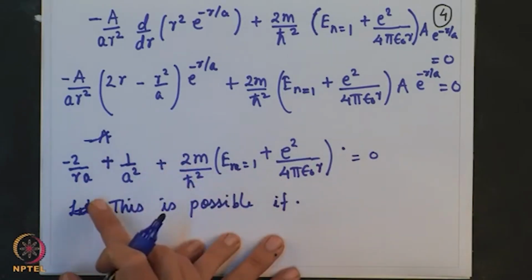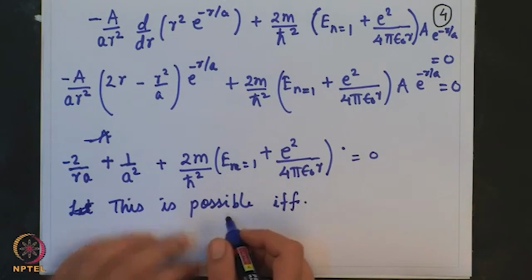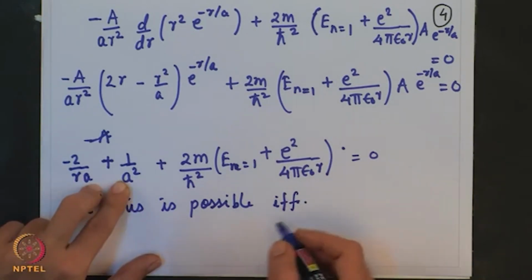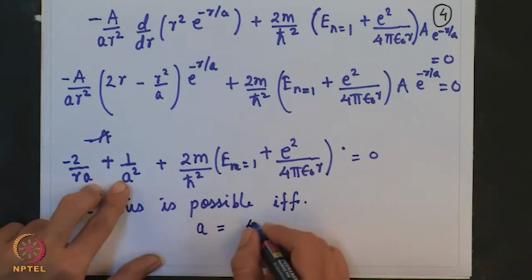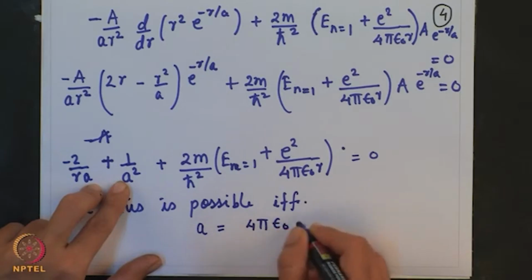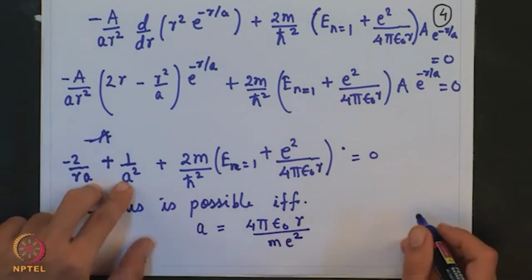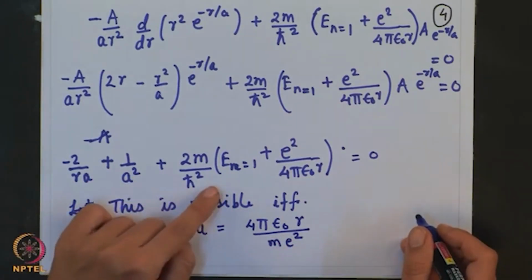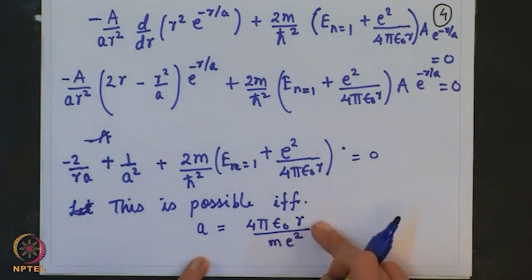So, when you simplify this, if and only if A is equal to 4 pi epsilon naught r upon m E square. So, this is possible only if A is 4 pi epsilon naught r upon m E square.